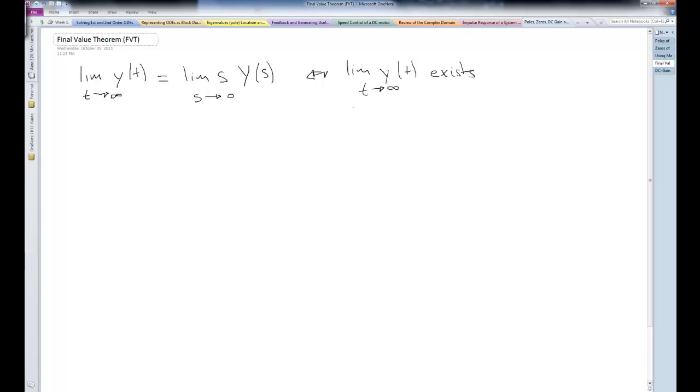All right, so this doesn't work when this limit goes off to infinity. In this case, then, y of s, just to be explicit, is the Laplace transform of y of t.